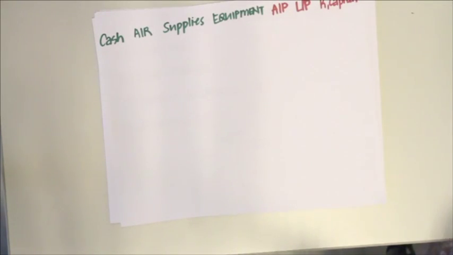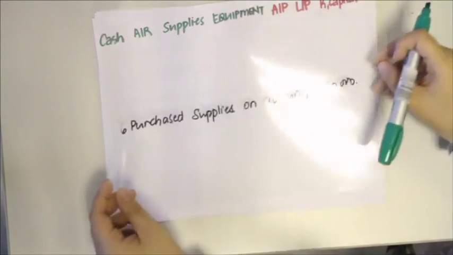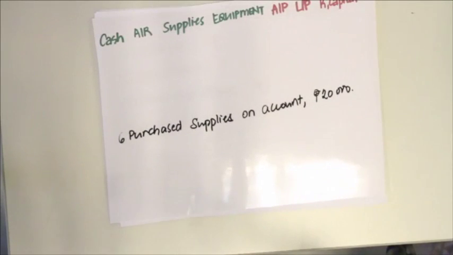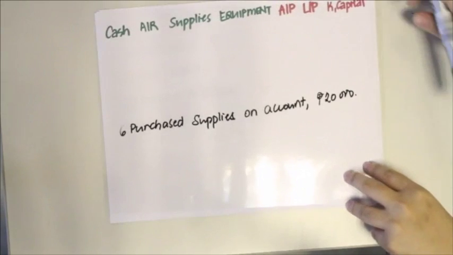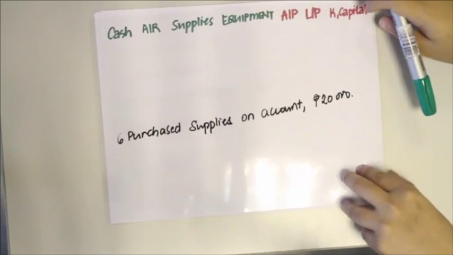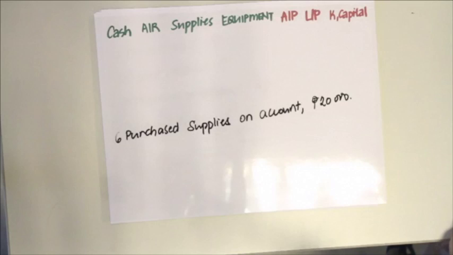So for our last example, consider purchasing supplies on account. So again, this is a purchase transaction, which means you either have a cash outflow or you have an increase in your liability.